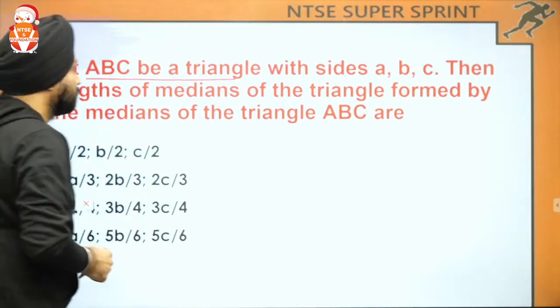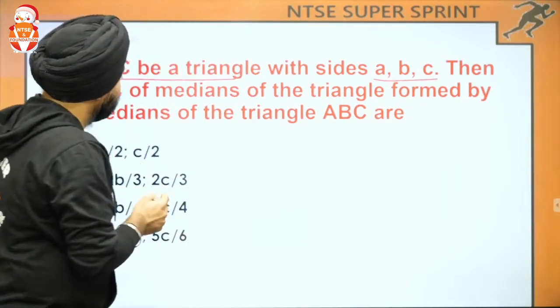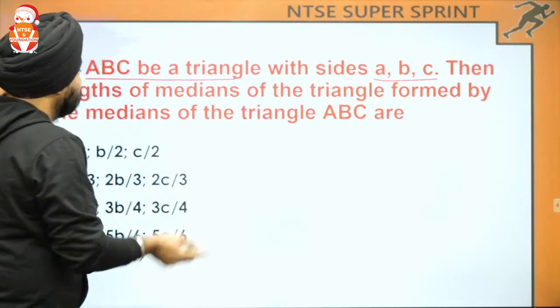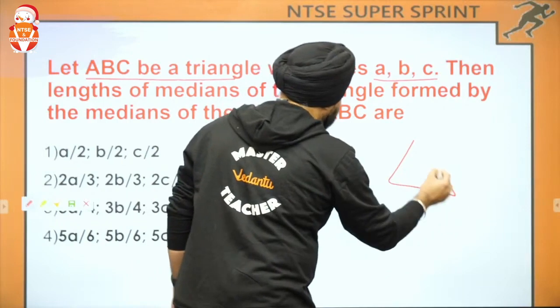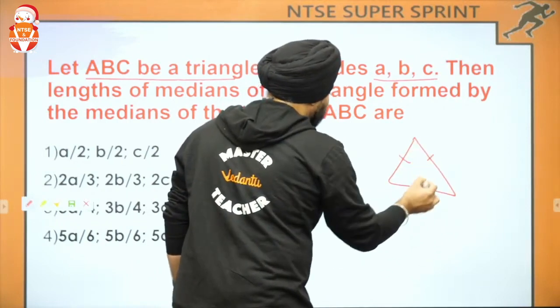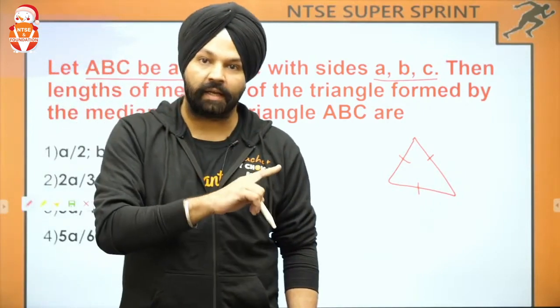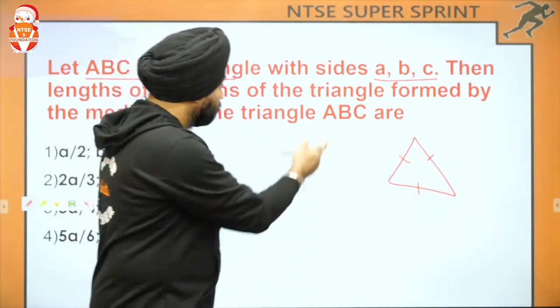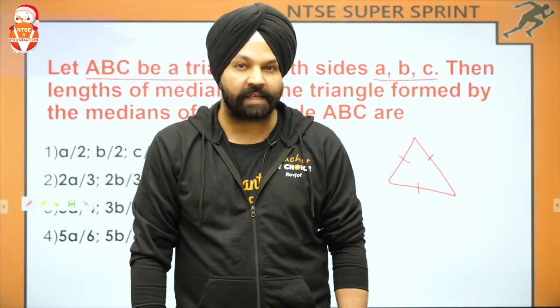So he says ABC is a triangle with sides a, b, c, and then the lengths of the medians of the triangle formed by the medians of the triangle means you have to draw a triangle whose sides are the medians of this triangle ABC, and then he is looking for the medians of this particular triangle, right? It sounds a little complex.